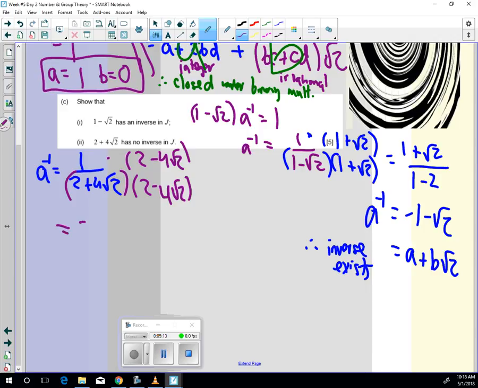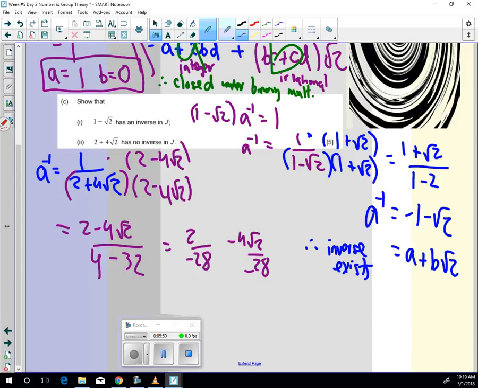That's going to give you 2 minus 4 root of 2, but in the bottom, you're going to get 2 times 2 is 4, minus 16 times 2, which is 32. No, this is minus. I was thinking i's here. 4 minus 32. So this is going to be 2 over negative 28 minus 4 root of 2 over negative 28.